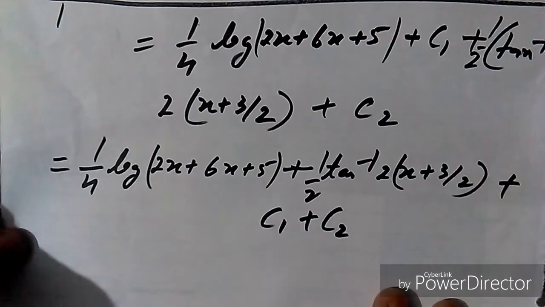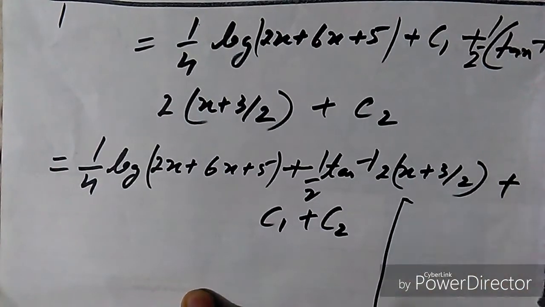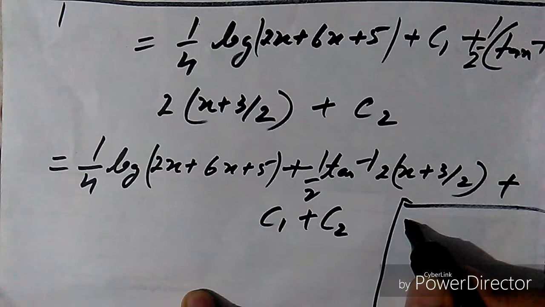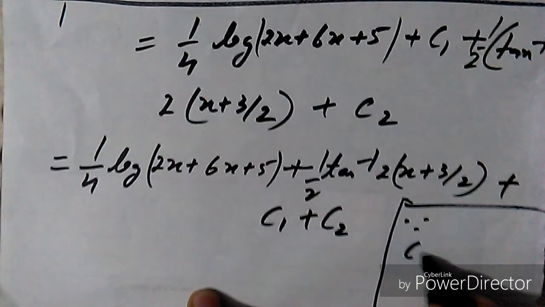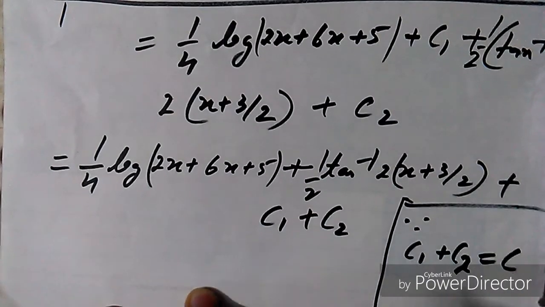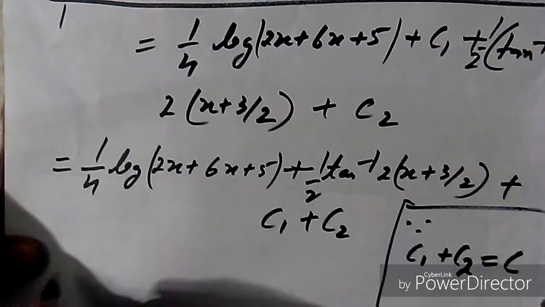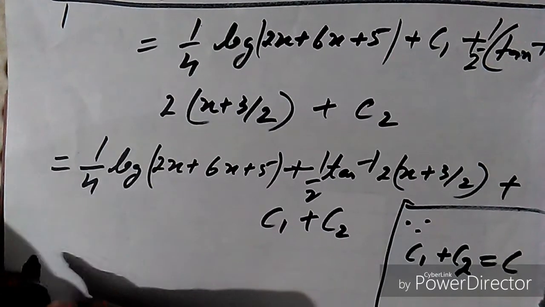we know that c1 plus c2 is equal to c. Then we put it there and we solve the question.